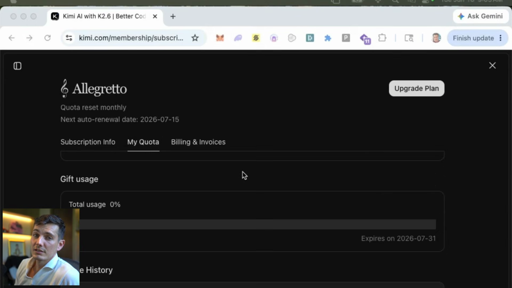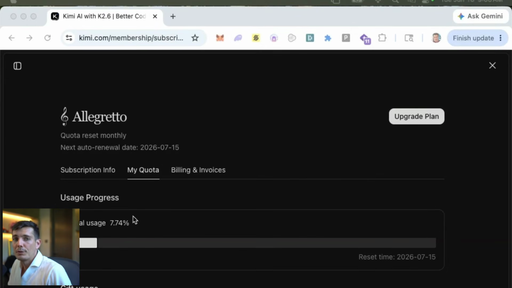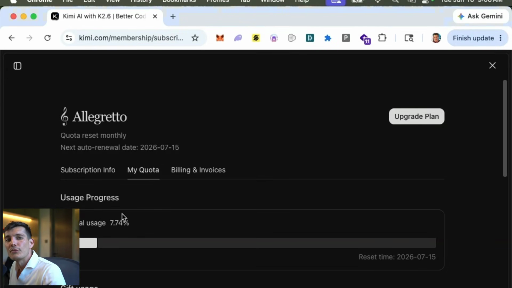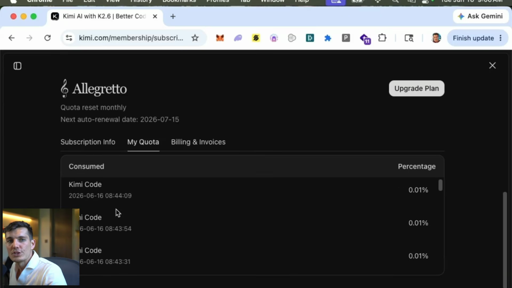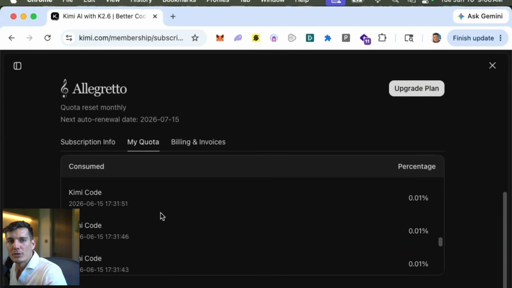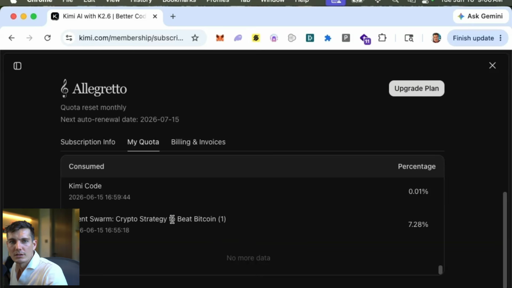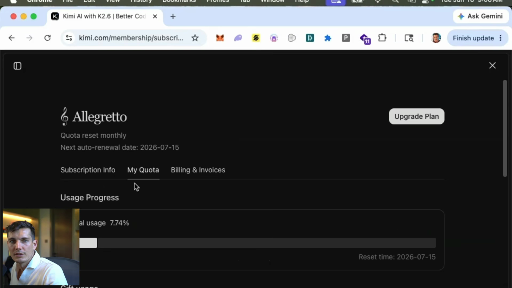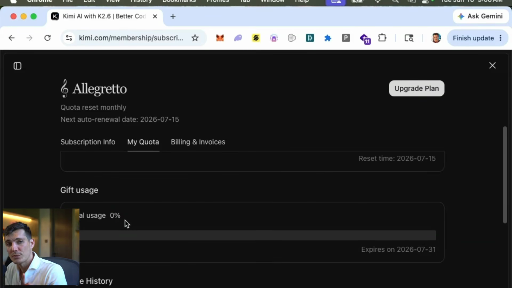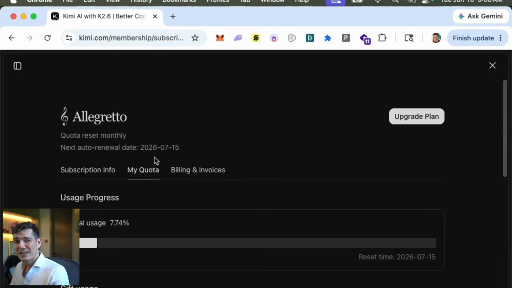How much did this cost us to build? Well, we did 7.74% of our quota, which is probably mostly with the agent. You look at that, agent swarm, that was 7.28. So actually, it's only a part of a subscription to build the bot, which means at a $40 subscription, we paid something like 40 cents.